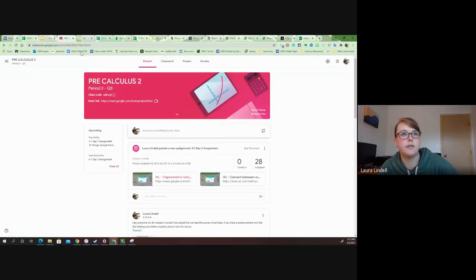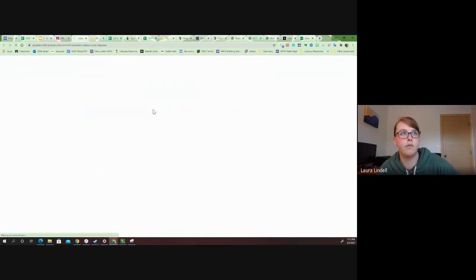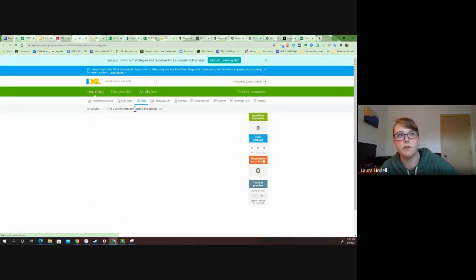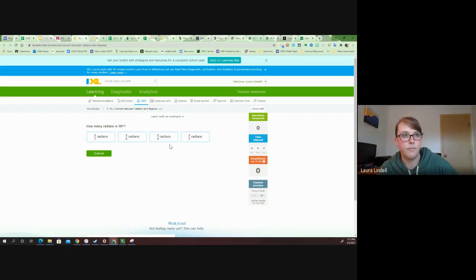For the others, we're going to be converting between radians and degrees. It'll give you something like 90 degrees, and it'll ask you how many radians that is. For some of these, it starts off pretty simple. It gives you some options of different radians that it could be.